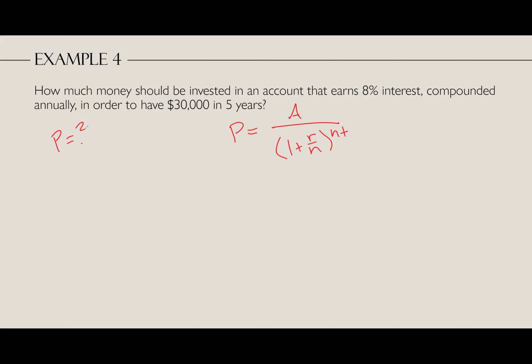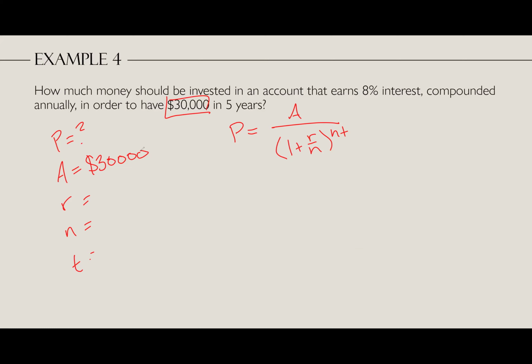All right, so just like before, I'm going to write all the other variables down so we have them. First off, A, my future amount. How much do I want this account to be worth? Well, I want this account to be worth $30,000. What's my interest rate r?